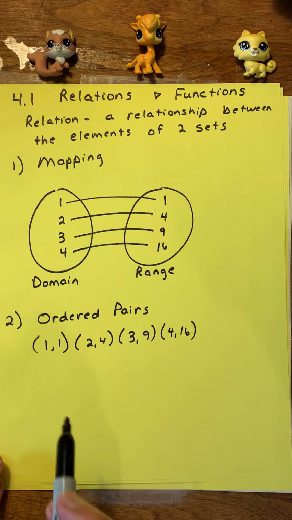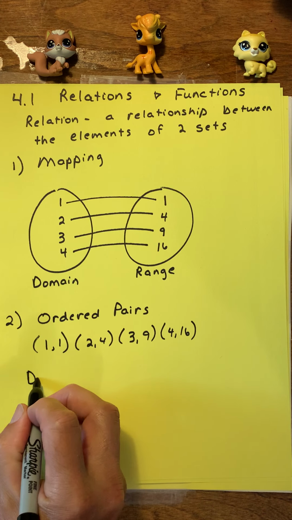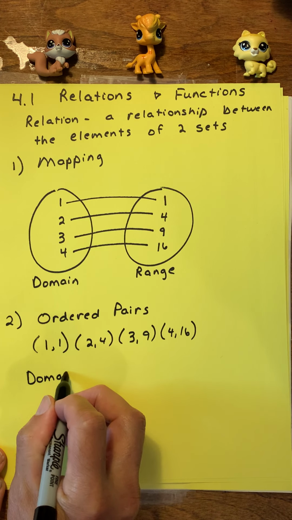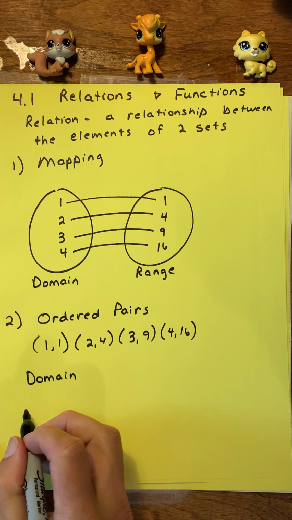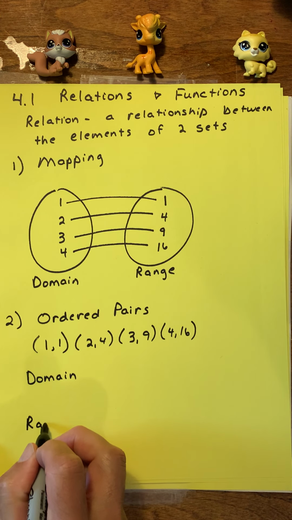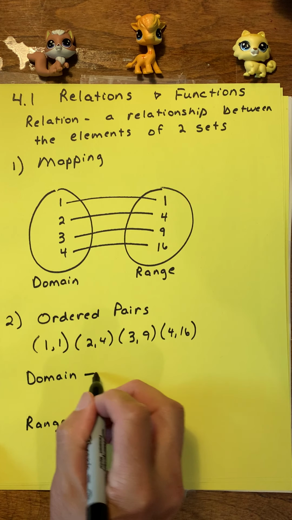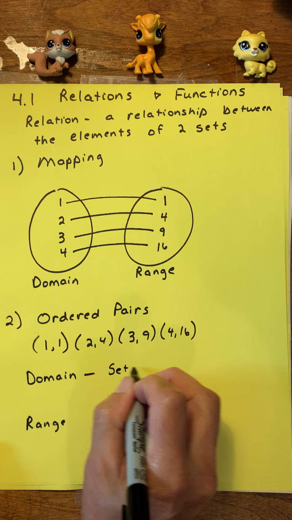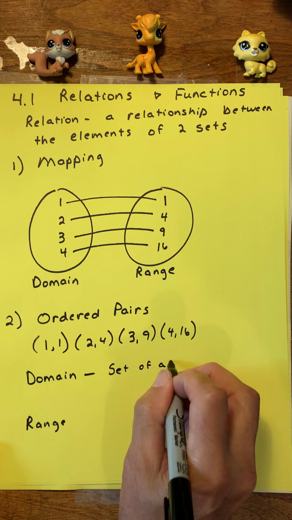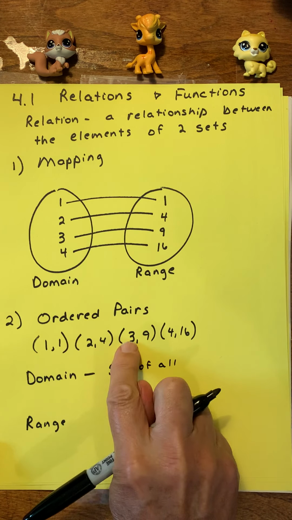Now, I can still talk about the domain and the range of this particular presentation of relation. The domain in this instance is simply the set of all first elements.